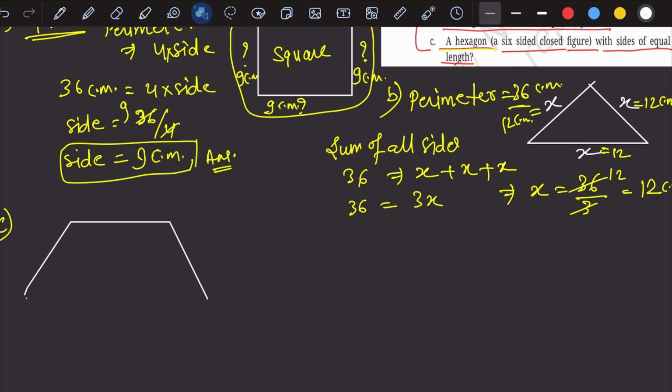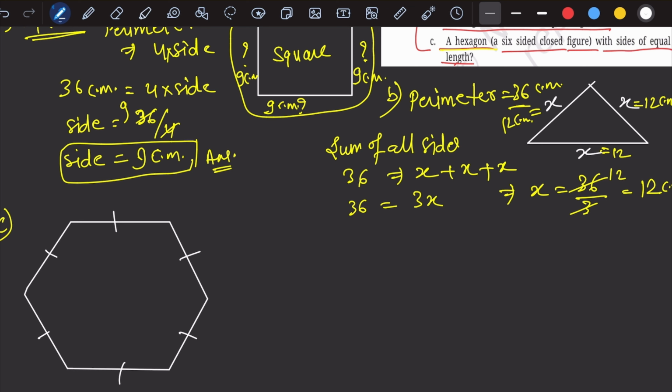This one is the sixth. Okay, this is a hexagon. Here we have 1, 2, 3, 4, 5, 6.